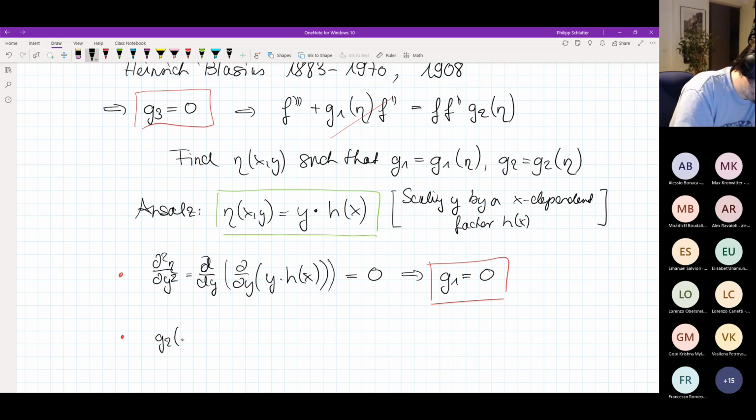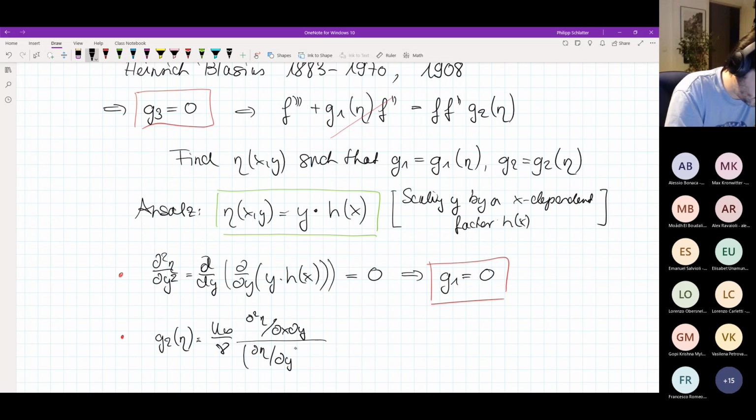Well, G2 of eta was U infinity divided by nu, and then we had d squared eta dx dy, divided by d eta dy to the power of 3.